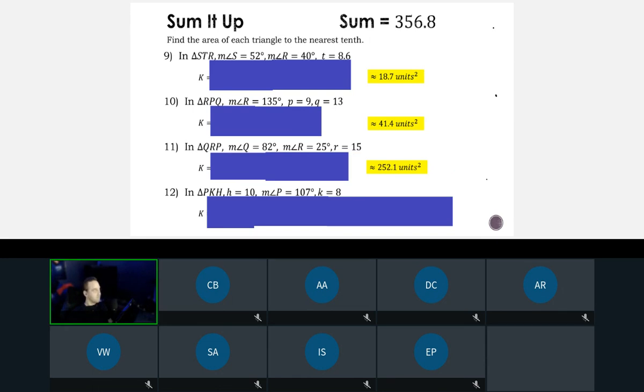I agree. Okay. And what is the last answer for those that finished? 38.3. And that's what I got. So when you add up all 4 of these numbers, what do you get? 350.5.